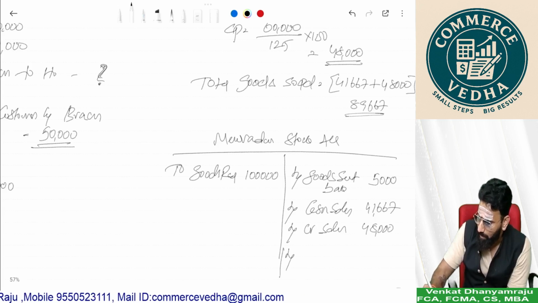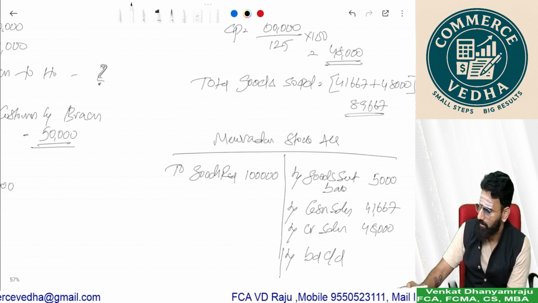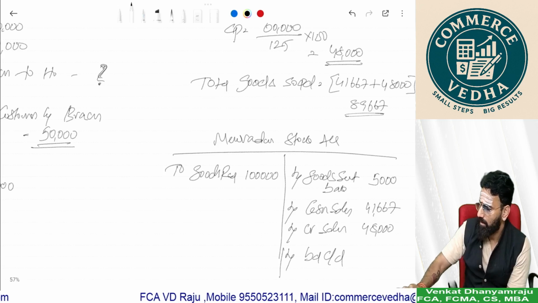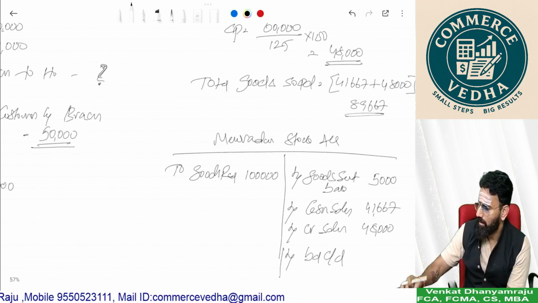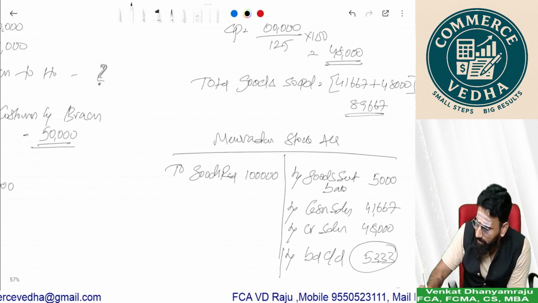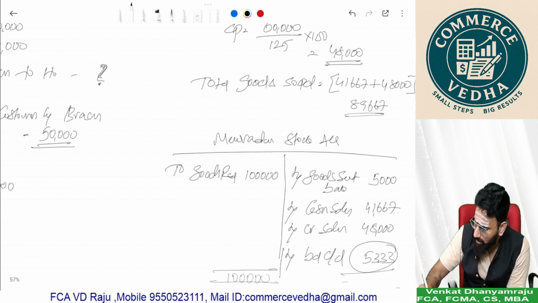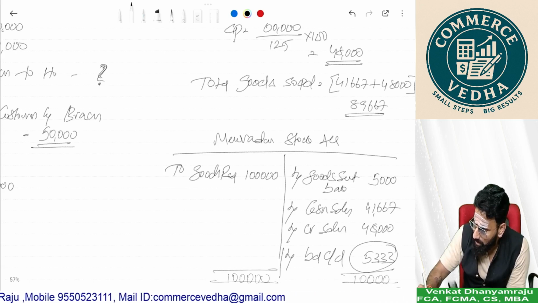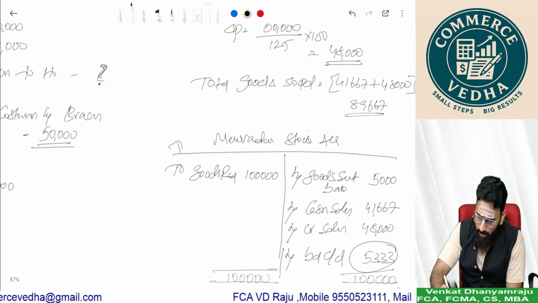So by stock balance 5,333 is the balance of stock still with the branch, right? You have stock balance, debit and credit.